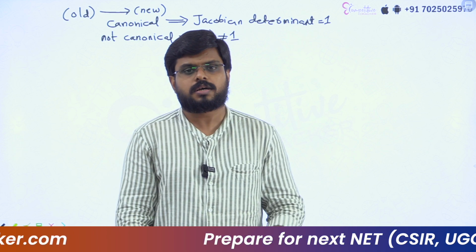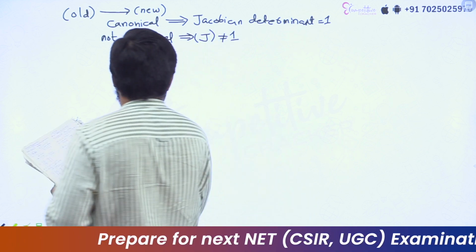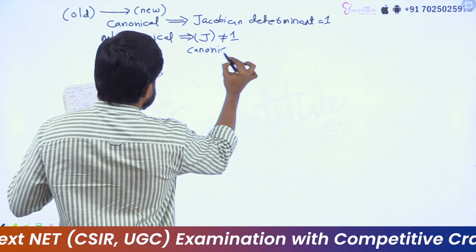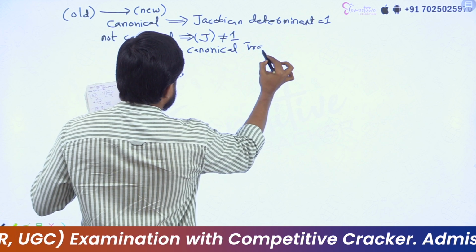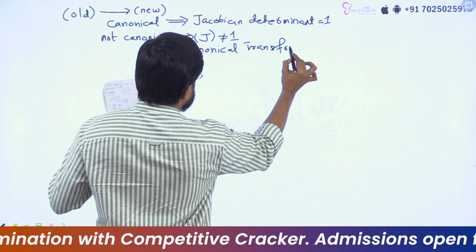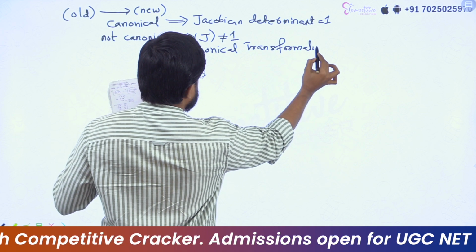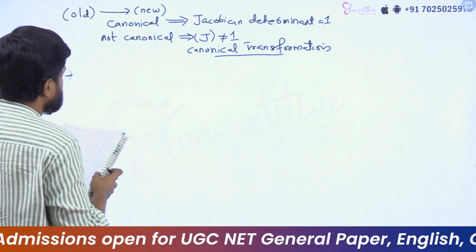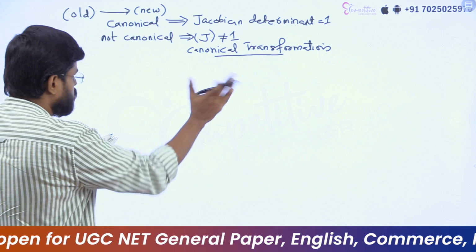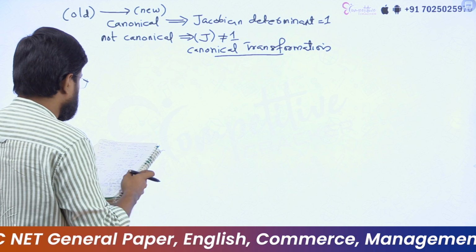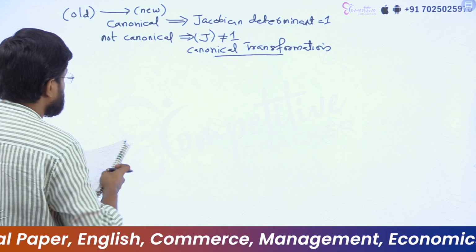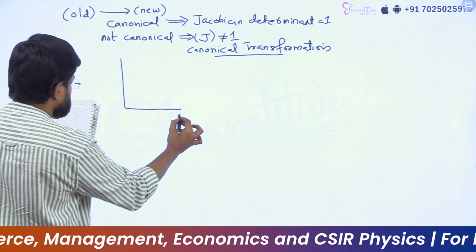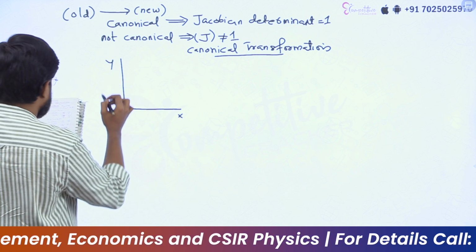So what is this canonical transformation? It is a transformation from one coordinate system to another coordinate system. This is my old coordinate system, with some x coordinate and y coordinate.